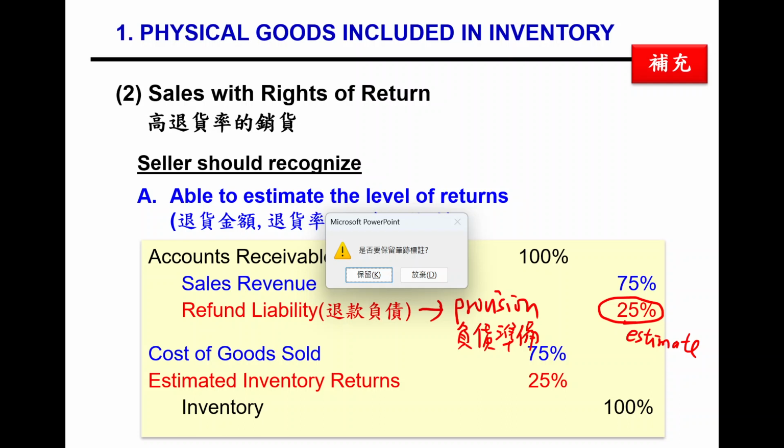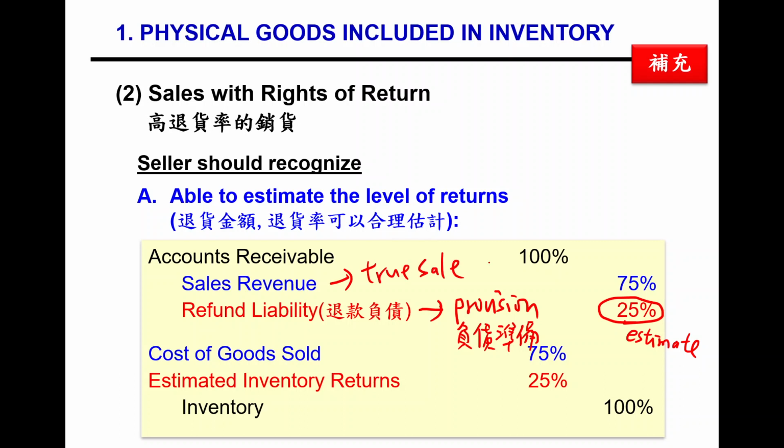When you are not sure about the timing, when you are not sure about the amount, but it is probable and an amount could be measured reliably, then we will report the information to investors and users. So your sales revenue here tells you the true sale. Your liability tells you your provisions.